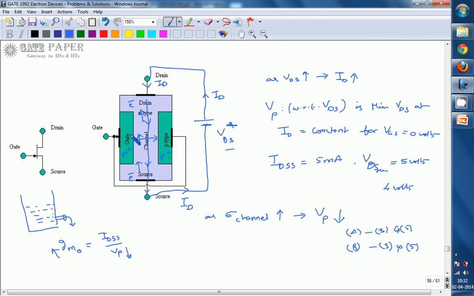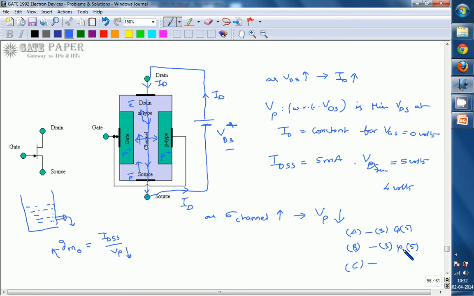Transit time is reduced if channel length is reduced. So for C it is 4.